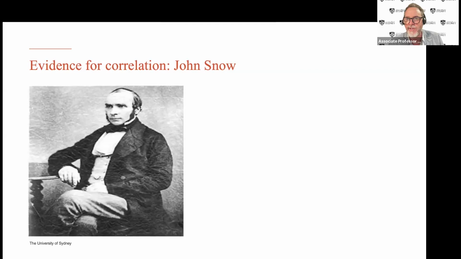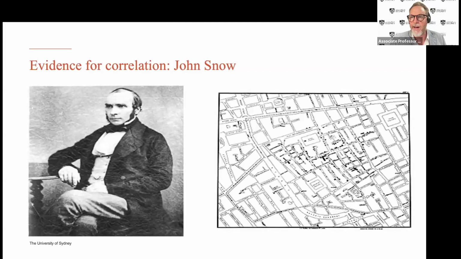And Jon Snow was working at a time where there are all sorts of competing theories about what caused a disease outbreak like that, including it was bad smelling air that transmitted the disease, including that it was rats that were transmitting the disease. And Jon Snow figured out what was really going on by making really careful observations.